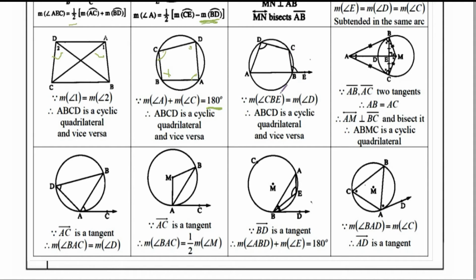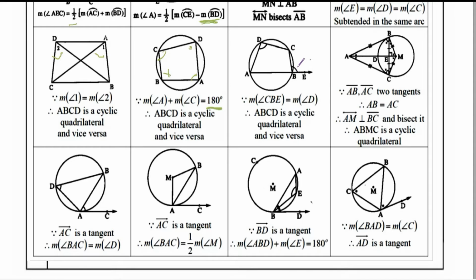Third case, if you have an exterior angle at a point equal to the opposite of the adjacent angle at this vertex, so the quad is cyclic. Look at this figure.